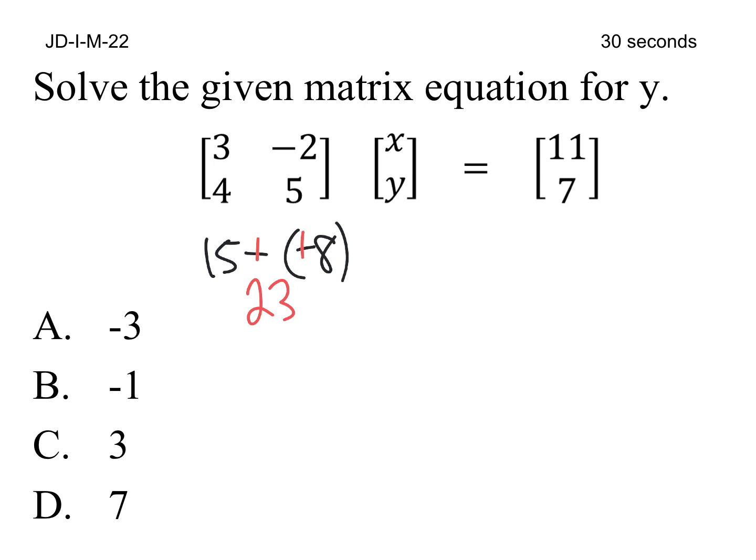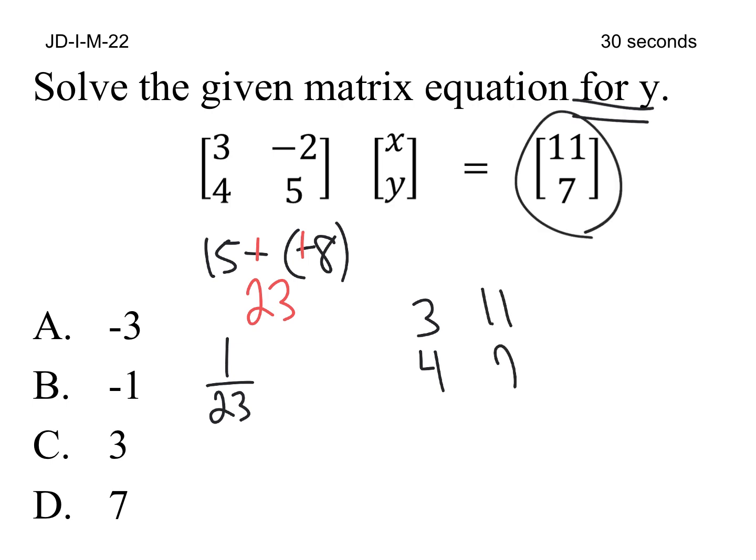So when we do this, we're going to have 1 over the determinant, so 1 over 23. Normally we need to figure out x and y, but they really just want us to figure out what y is equal to. To figure out y, we keep the x column, the 3 and the 4, and instead of the y column, we put these constants there.